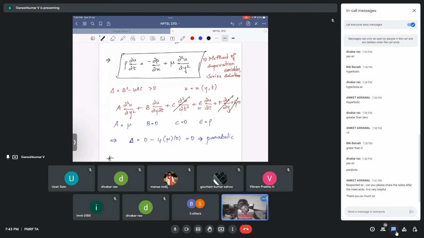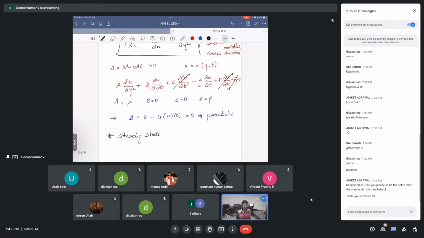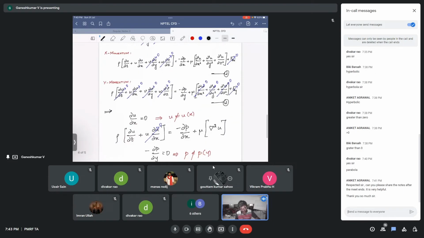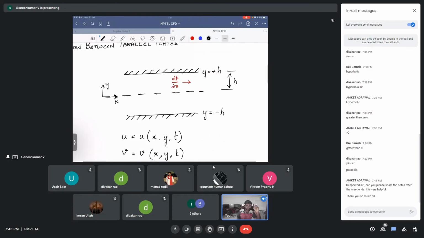What assumptions can we make? One assumption we can make is viscous free. Yeah, viscous free you can make, but I will tell you something. If you remove the viscosity term, so what does viscous actually mean? It means there is friction between the fluid layers.